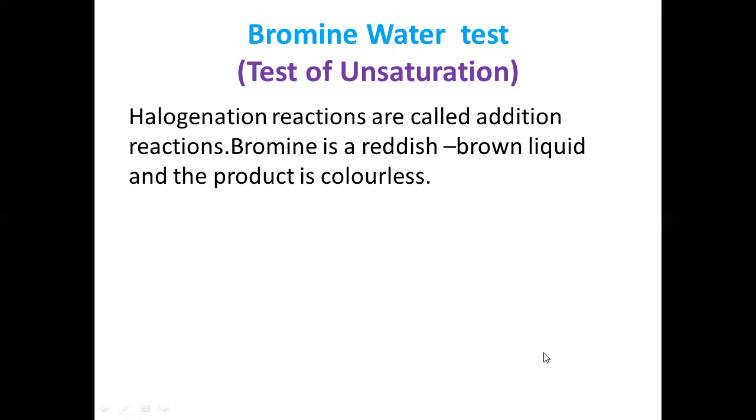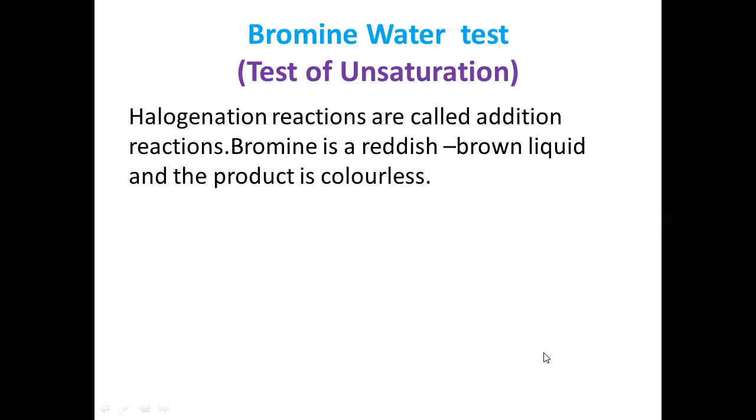This reaction which I explained before, we can use as a test for unsaturation. Like if in the lab a solution is provided to you and you are asked to identify whether the given solution is of a saturated hydrocarbon or an unsaturated hydrocarbon.